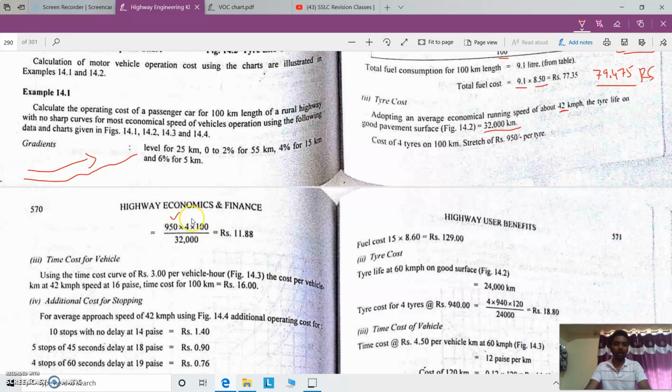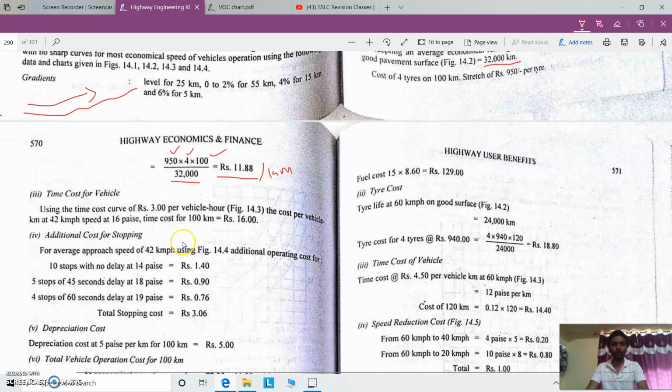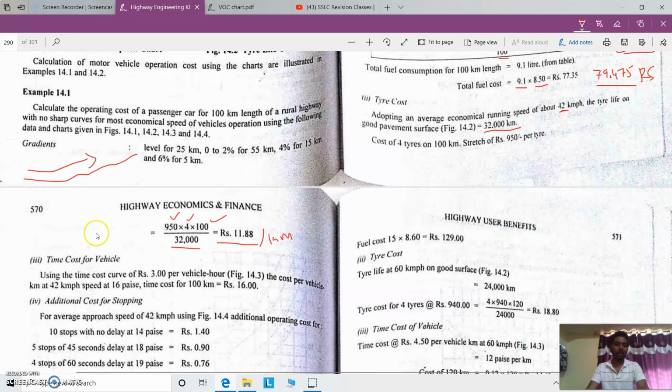So 950 into 4 is the total cost of the tires, and 32,000 kilometers is the total length that can be traveled in the life of these 4 tires. Per kilometer, it will be about 11.88 rupees. This is about tire cost, for which we refer to chart number 14.2.